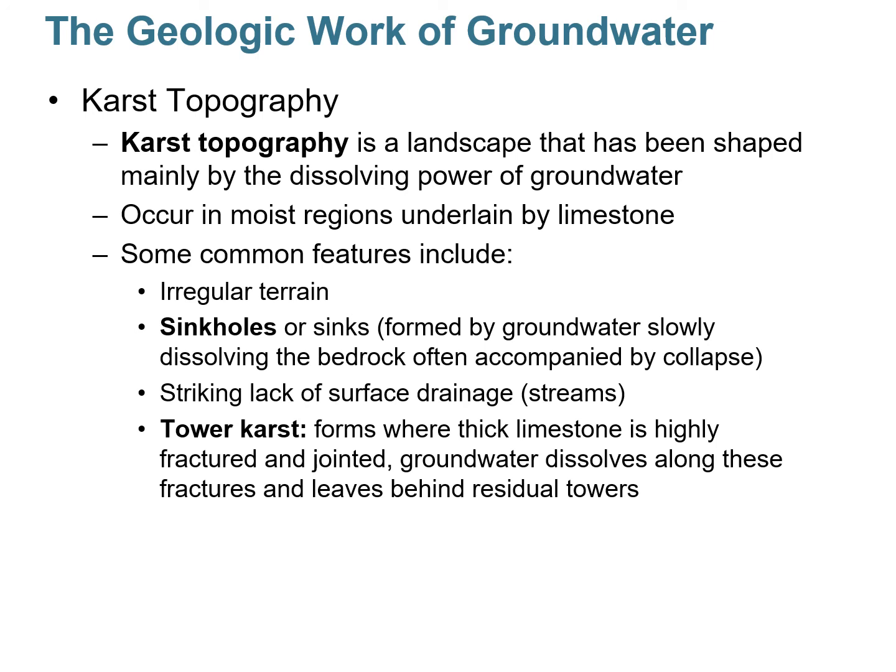And so the common features of these areas are irregular terrain, sinkholes will form, and sinkholes are essentially when limestone dissolves away beneath the surface, and it forms an arch, and then there's a collapse. So they can be kind of dangerous. Sinking streams, so streams can just disappear into the ground. And then also tower karst, which I'll show you a picture of pretty soon.